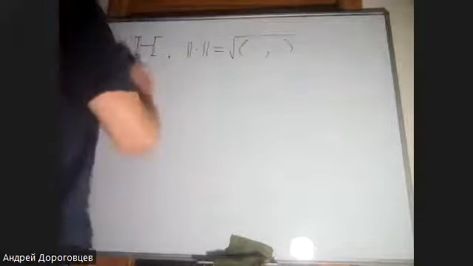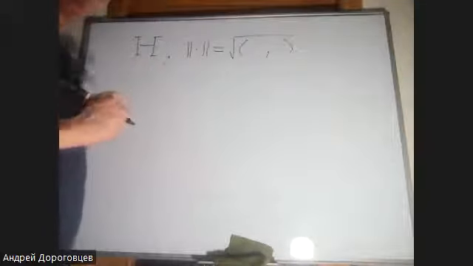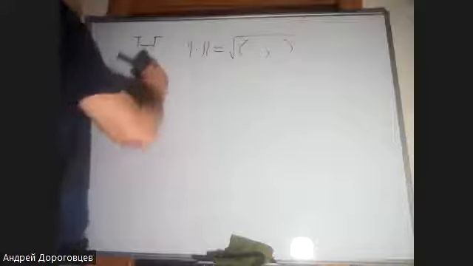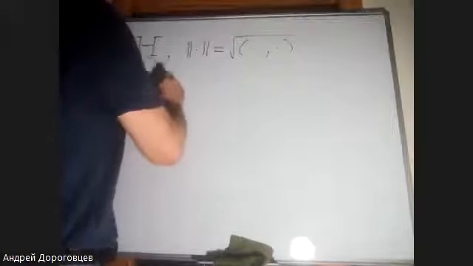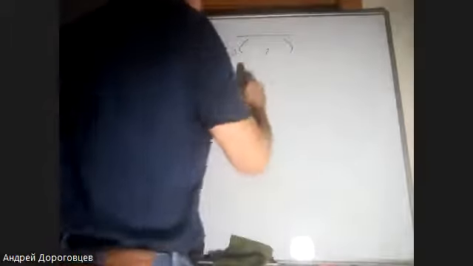We said that Hilbert space can be characterized by two main features. One is dimension. Here I mean a linear dimension, and the second one is separability.